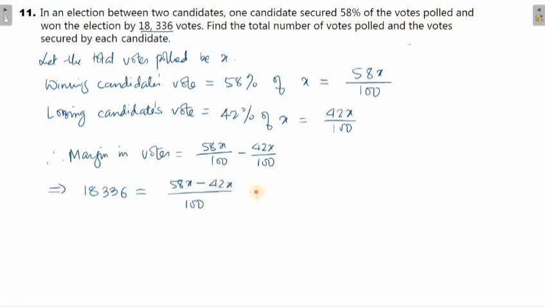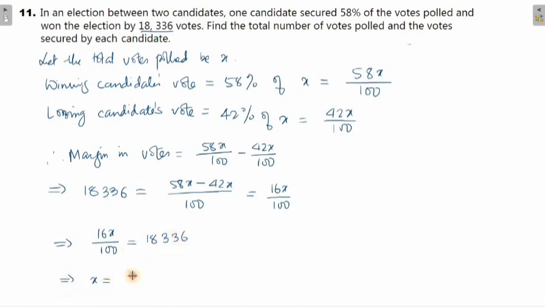When you find the difference, 58 minus 42 becomes 16x by 100. So in other words, you can write this as 16x by 100 equals 18336. So from here, let's calculate what x is.